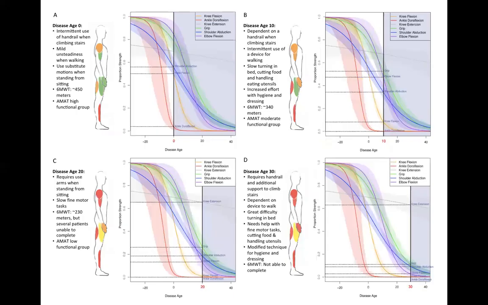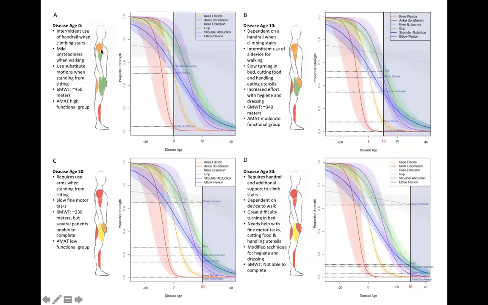So we can put this whole picture together to summarize how a subject will feel, how they'll measure on QMA, and what activities they'll be able to do at the different disease ages. You can see those plots here. Compare disease age 0, where essentially we're completely declined on ankle dorsiflexion, with the shoulder abduction and the knee flexion at about 50%.